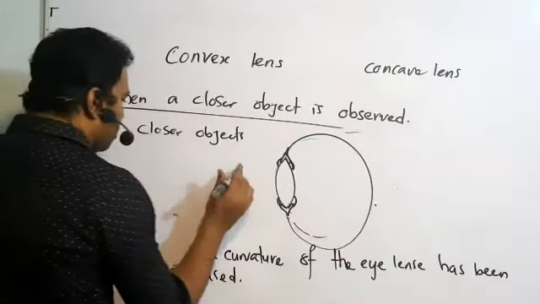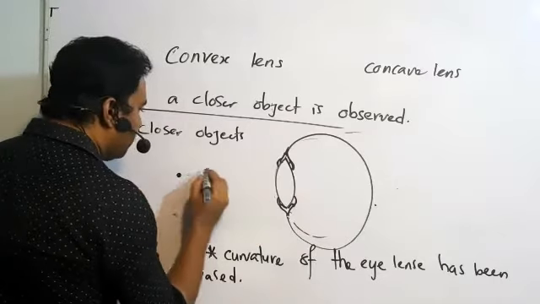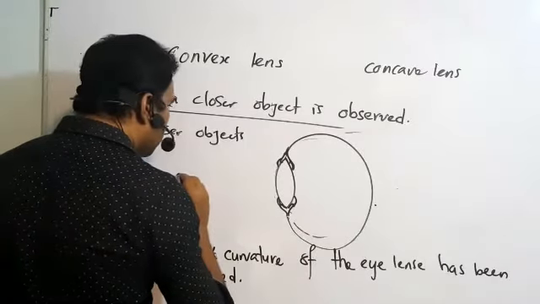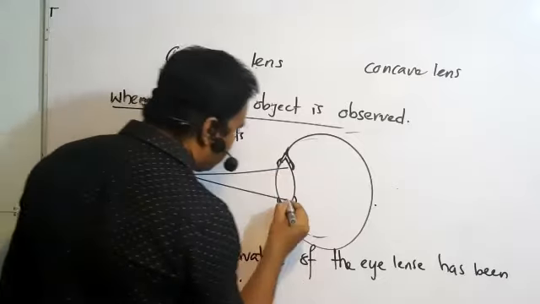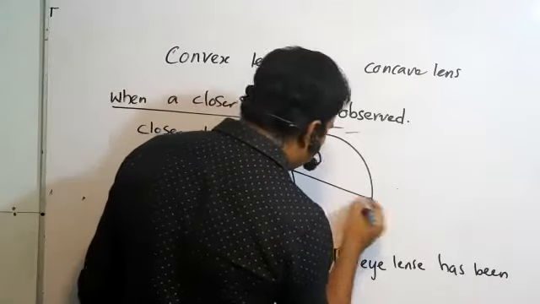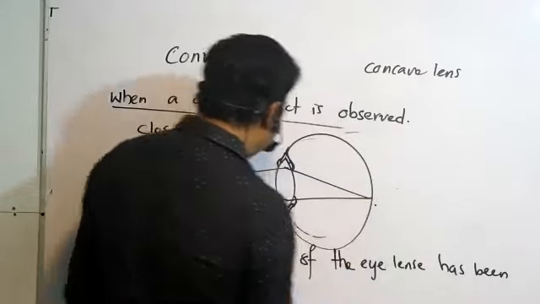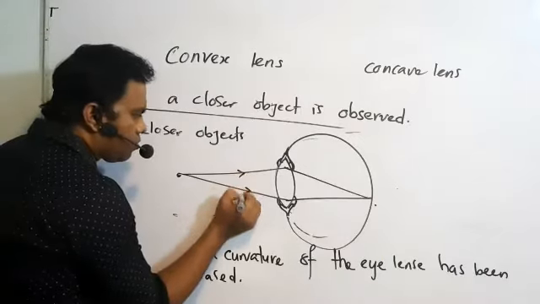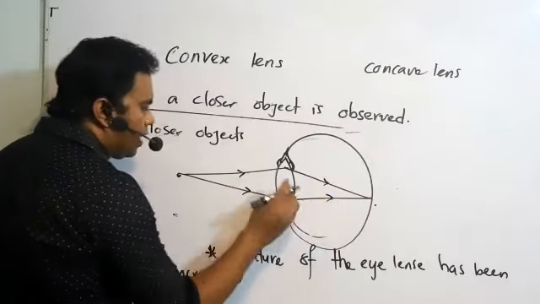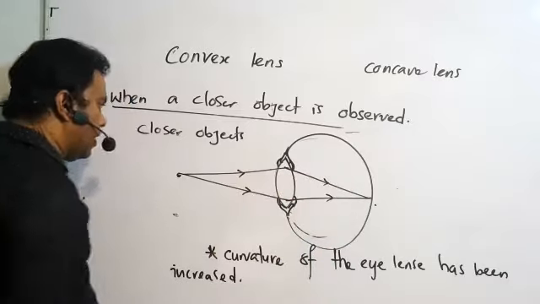Okay, so then closer objects can be clearly seen, as the lens's curvature is increased.